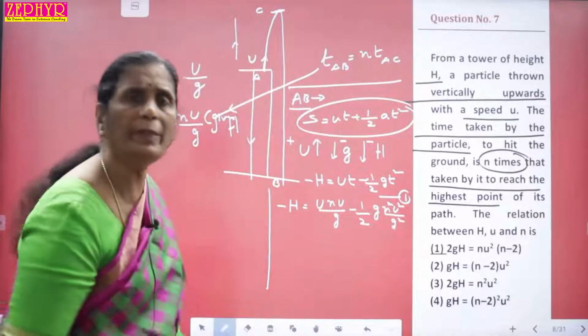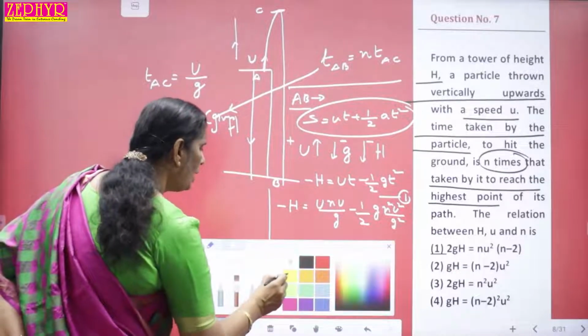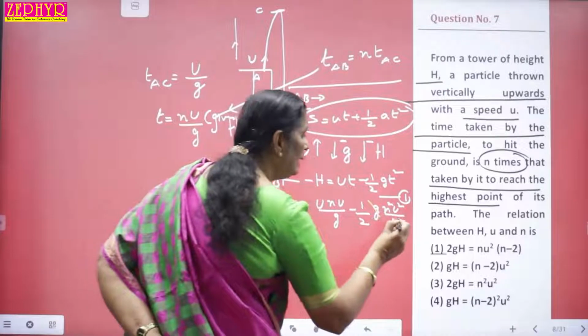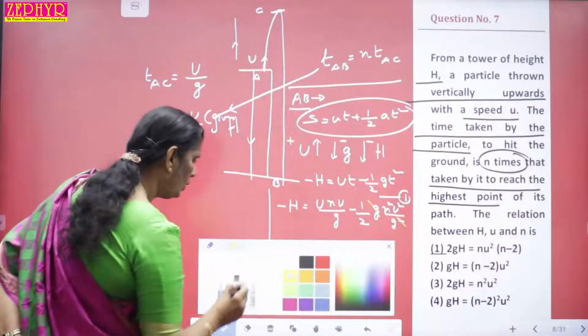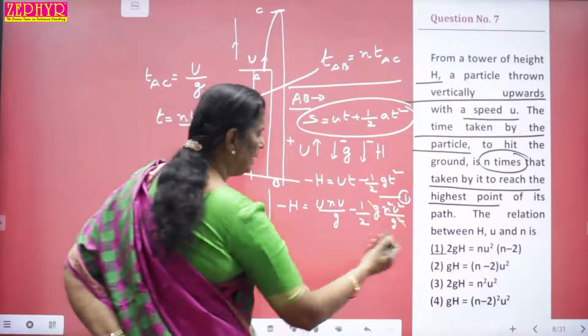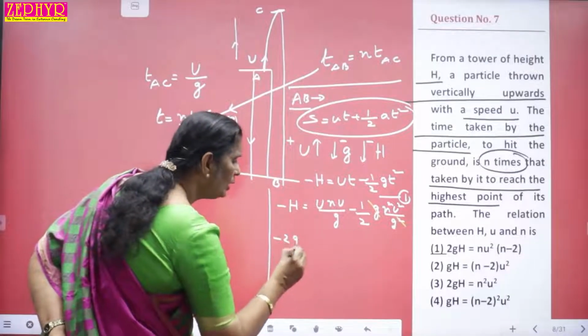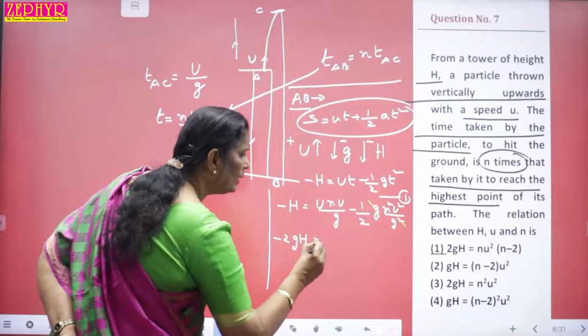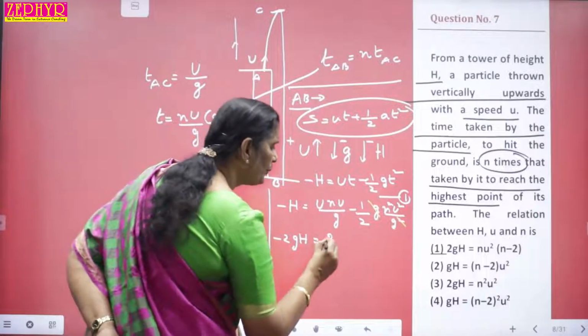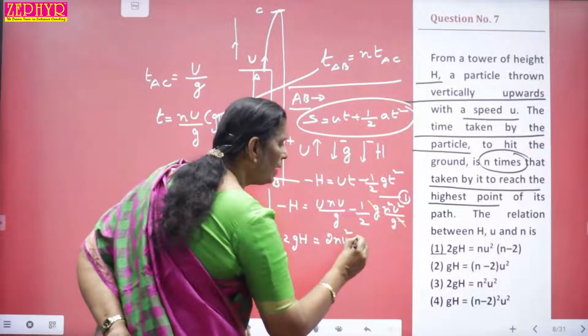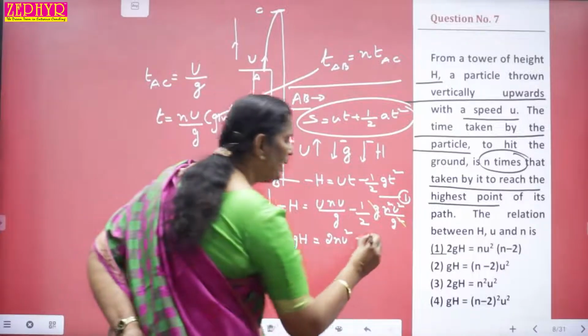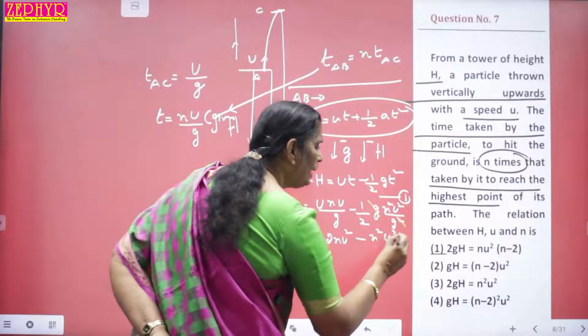Do it in a simple way and you will get the answer. Now g gets cancelled. Now I will take the LCM as 2g. Multiplying with 2g, minus 2gH is equal to 2n u square minus n square u square.